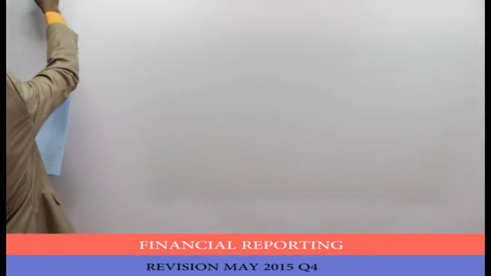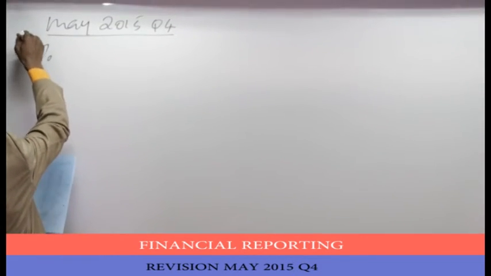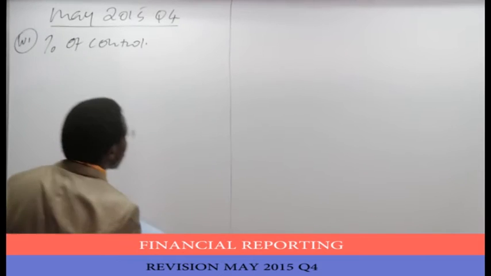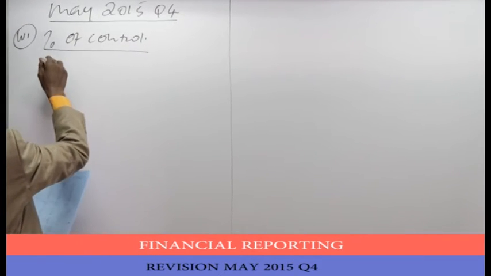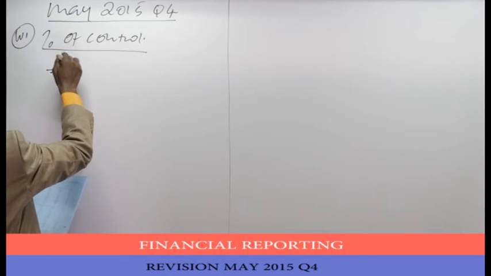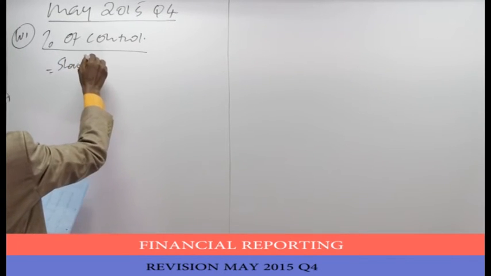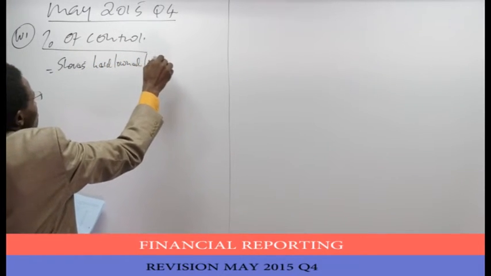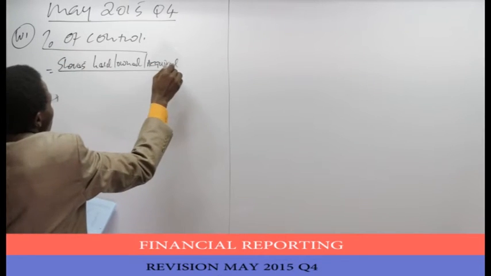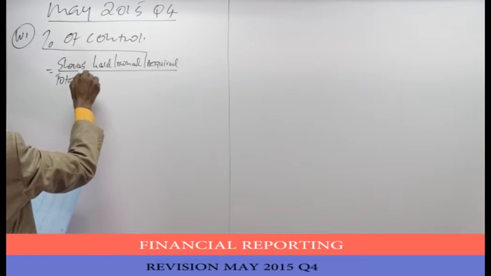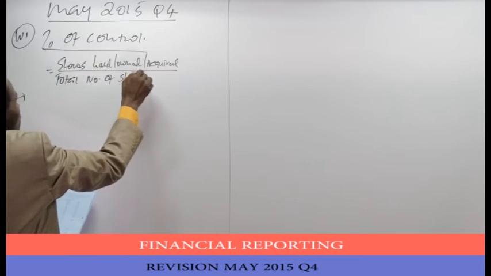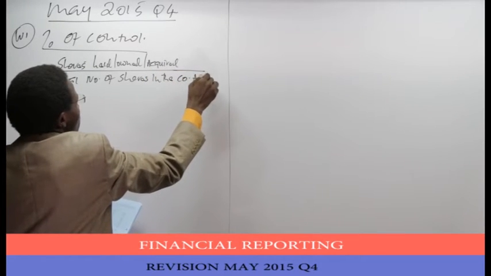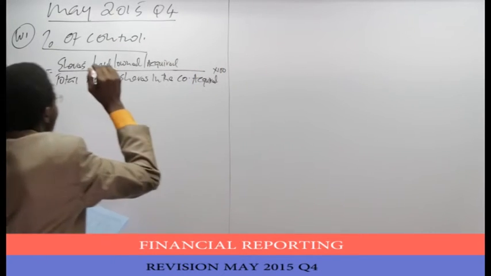Percentage of control. Let me call it working one, percentage of control. We were not given this. Percentage of control will be equal to the shares held or owned or acquired, divided by the total number of shares in the company acquired, multiplied by 100.